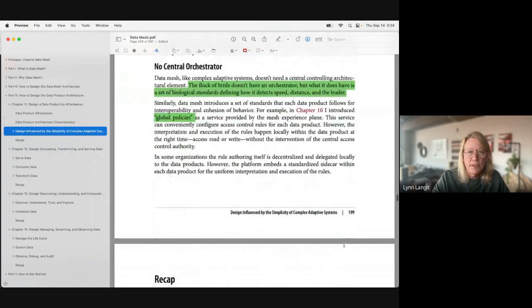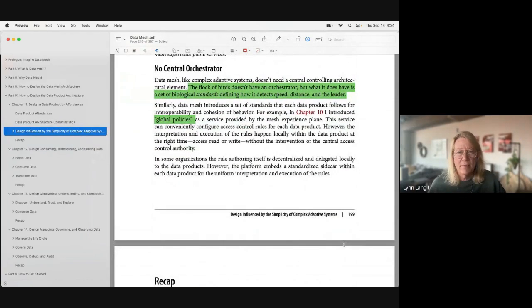So, no central orchestrator. DataMesh, like the complex adaptive system, she said a flock of birds doesn't need a central controlling architecture. Okay, yes and no, because there is, like in all these cloud implementations, organizational level policies, okay?